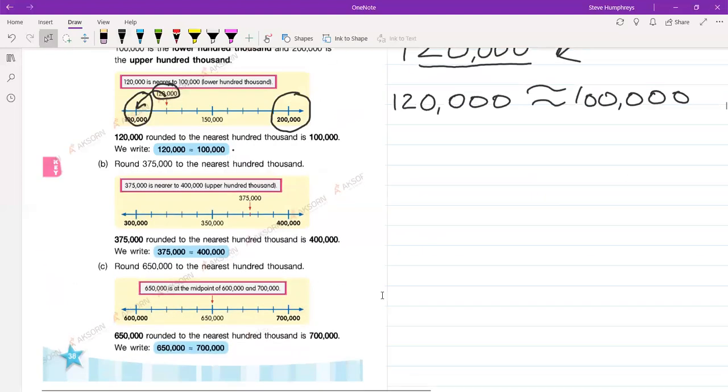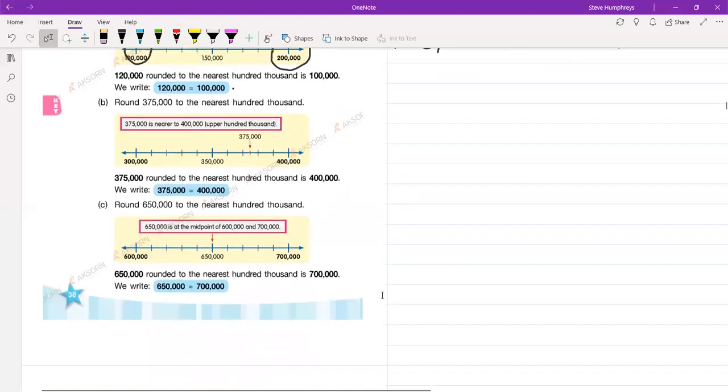Let's look at the next example. Another number line. There's our number, 375,000. Lower 100,000 is 300,000. Upper 100,000 is 400,000.